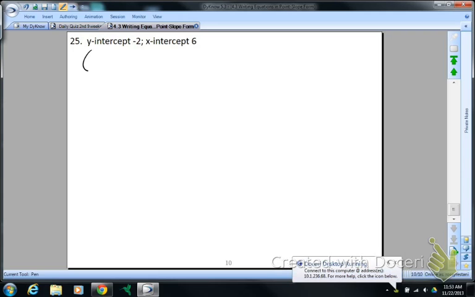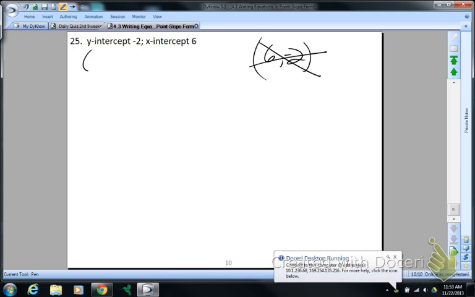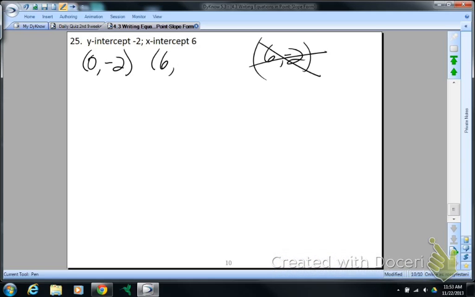Is this the point (6, 2)? (6, -2)? Is that the point? No. Y-intercept is negative 2. What is that point? That's (0, -2). And x-intercept is 6. What is that in an ordered pair? That's (6, 0). So once again, what do we have to find?